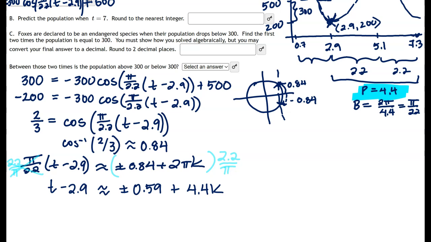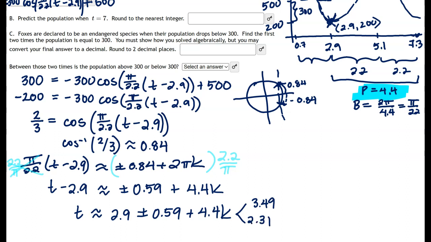Okay, and then our last step is going to be to add the 2.9. We'll have to do that in 2 separate steps here to get the plus or minus. So I'm just going to write it out, and then I'll calculate what each of those are. So I'm getting 3.49 approximately, and a 2.31 approximately.